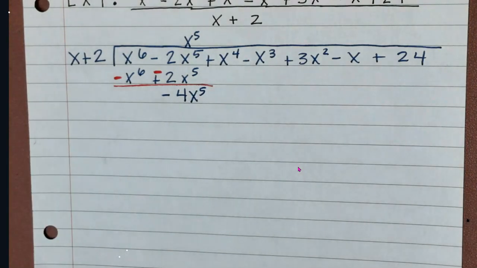And then 25 minus 24, that's a 1. But what if it wasn't 25? What if it was 251? You bring down the next term. Let's bring down the next term. Bring down that x to the fourth with the plus sign. So you need to write the sign in front of it also.